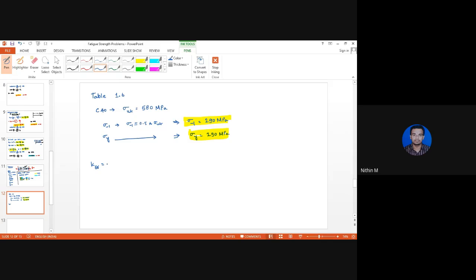So here, let us assume that it is rough mill cut. If you assume that the component is rough mill cut, 0.79 will be the surface modifying factor. This is from 5.19 G, assuming rough mill cut.